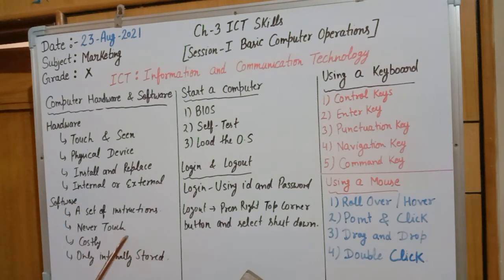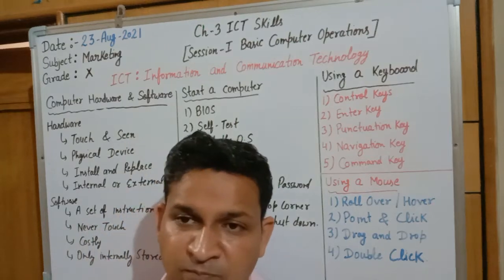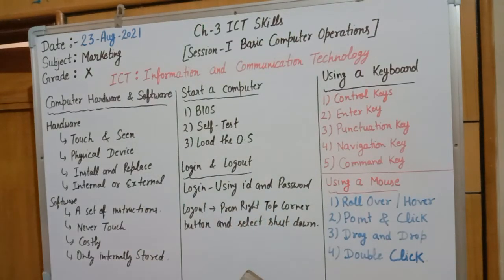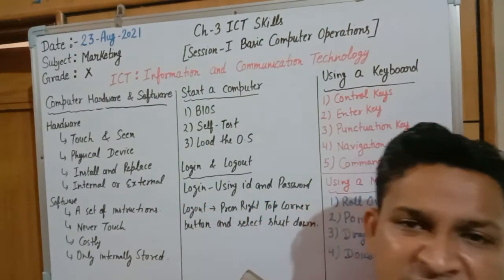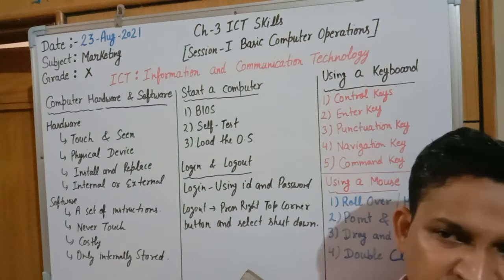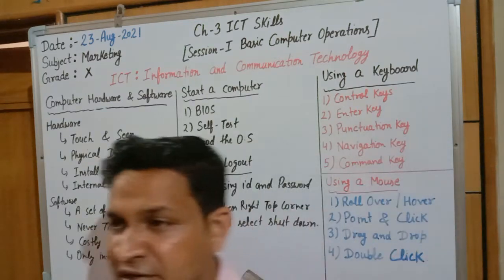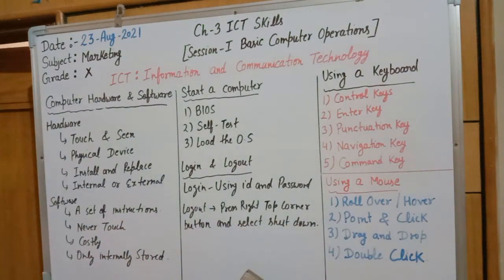Software can never be touched. It is a costly system. It is very difficult to change again and again because its processing cost is very high, its maintenance cost is very high, and it is only available in the internal storage medium. Software is installed inside the computer system in a memory device, so it is not part of your external system.